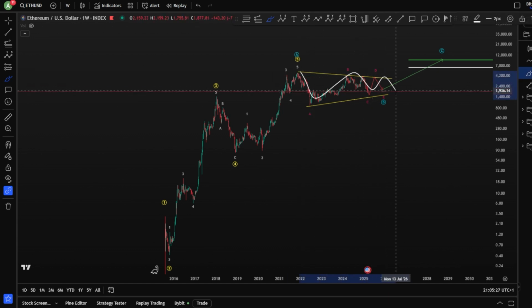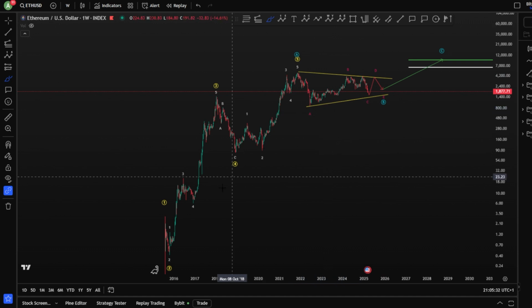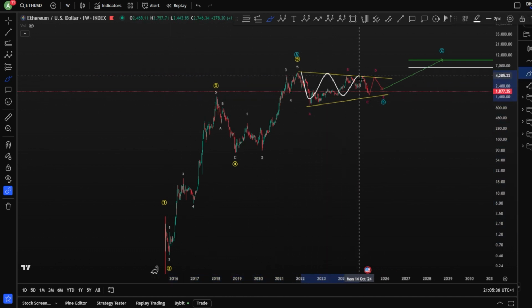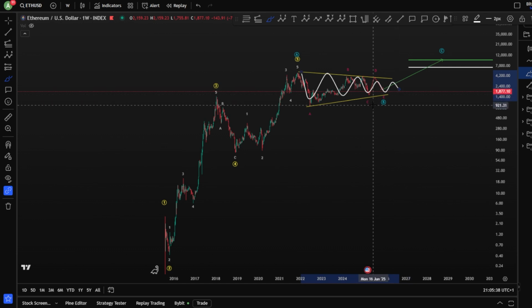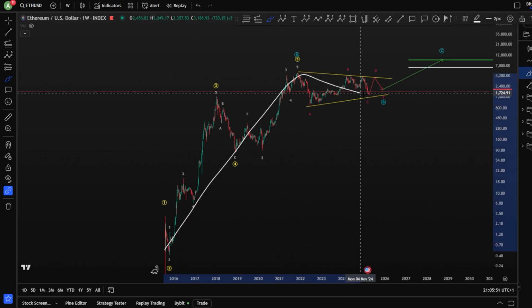A triangle is mostly for a wave B or for a wave 4, because after a massive move towards the upside, the price starts to consolidate and find the right price for this coin, and then moves towards the upside. Therefore, this possibility is the highest possibility for me for Ethereum, where we are looking for A, B, and a C towards the upside.